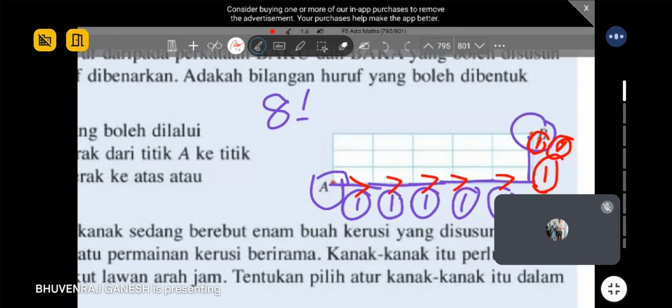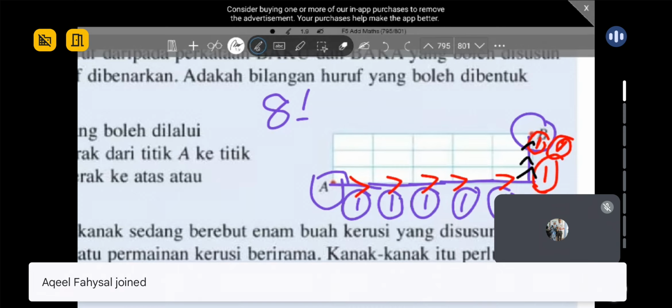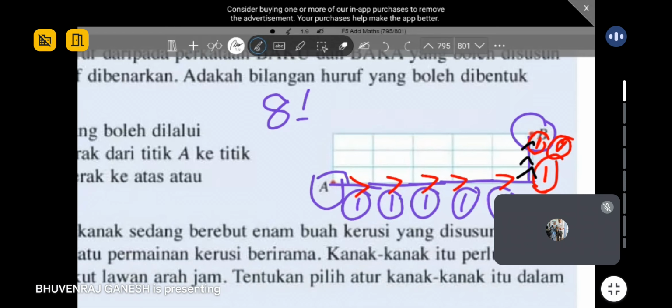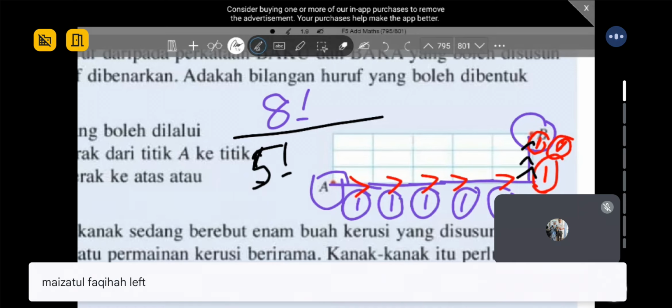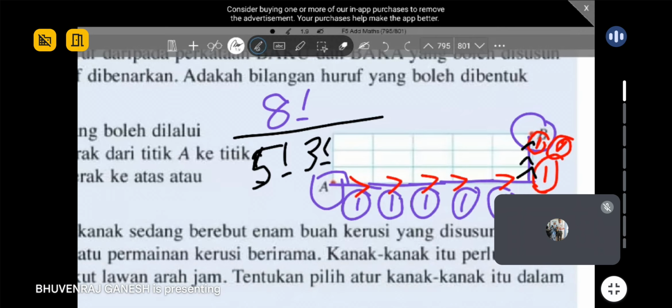Okay, you see this. Okay guys, when I'm moving to the right, and when I'm moving up, they are the same thing. Right? They are similar objects. Okay, that's why we need to divide by 5 factorial for moving 5 units to the right, and also 3 factorial for moving 3 units upward.